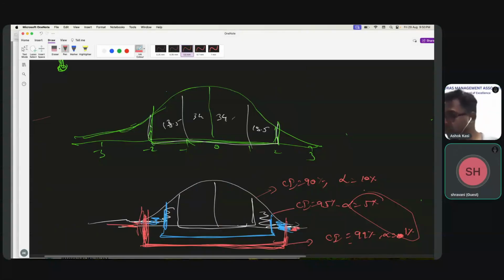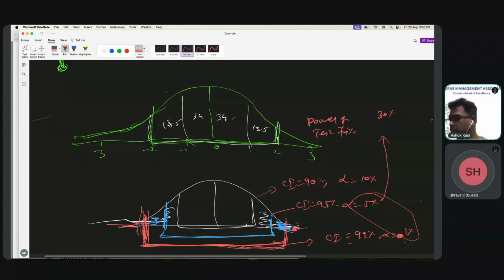In this case, what is the power of test? Power of test is 1 minus type 2 error. Say for example, in this case 30% you are not correctly rejecting, so your power of test is 70%. Now in the second one, you are taking many people, so this has come down to 10%.